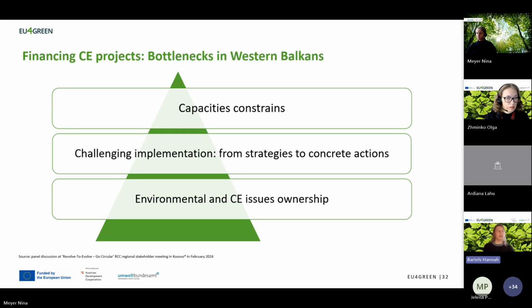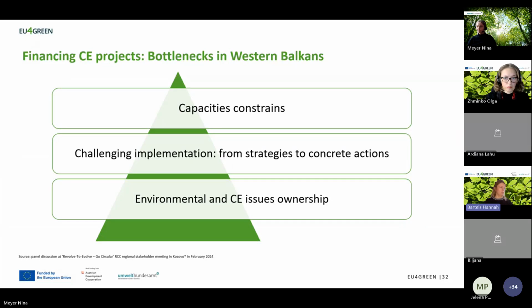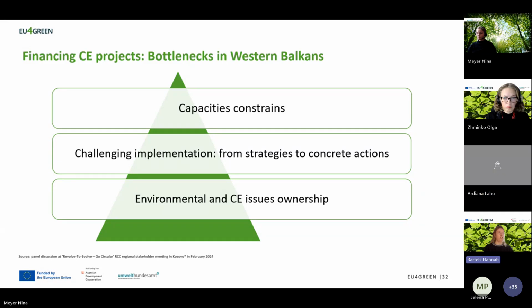On the one hand, we would have capacity constraints, which relate to the need for capacity building and technical assistance, but also awareness raising about the need for CE financing and, more broadly, the need for supporting education on these topics. Then we also see that implementation poses many challenges, in particular in moving from strategies to concrete actions.